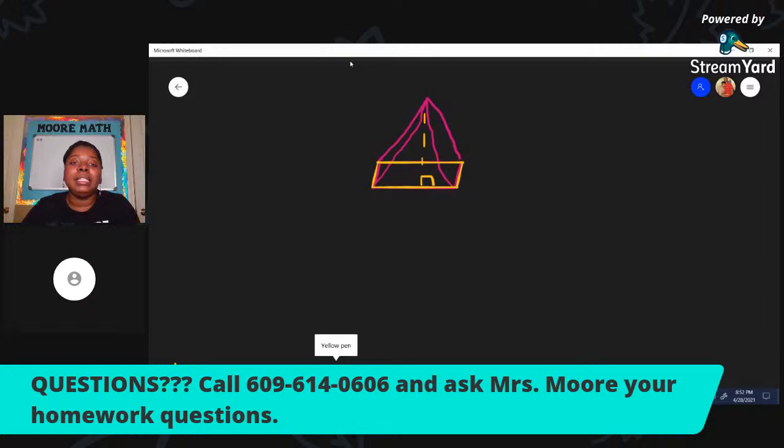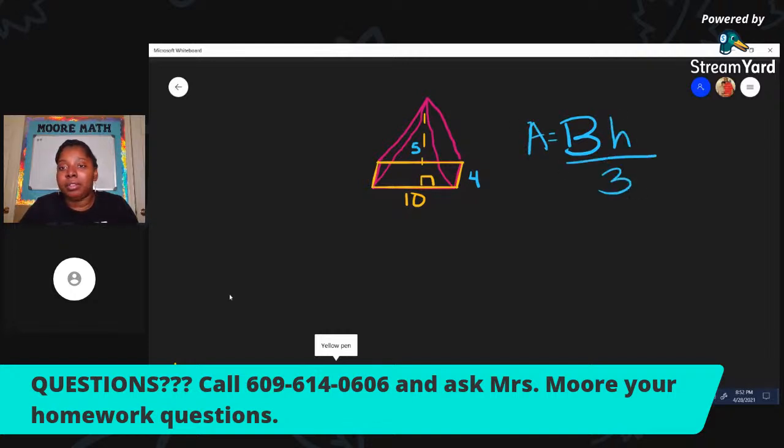Okay, so let's say this is 10 and this dotted line is 5 and over here is 4. Okay, so you told me I need to find the area of the base, so area of the base times the height divided by 3.